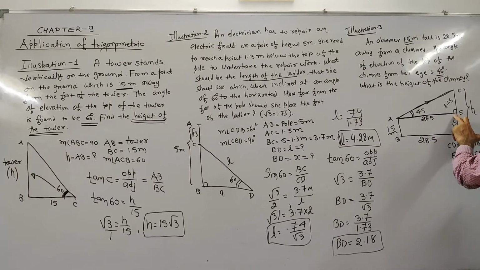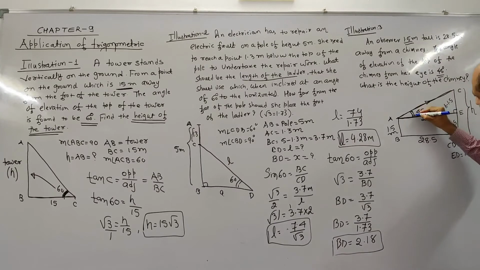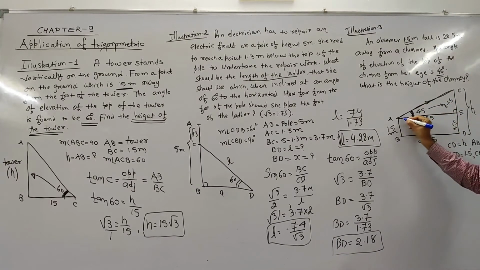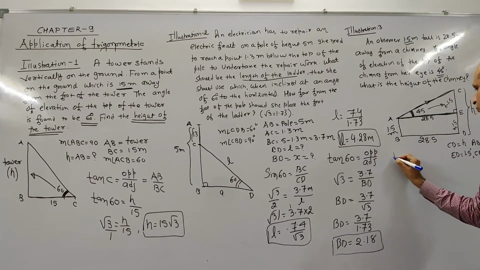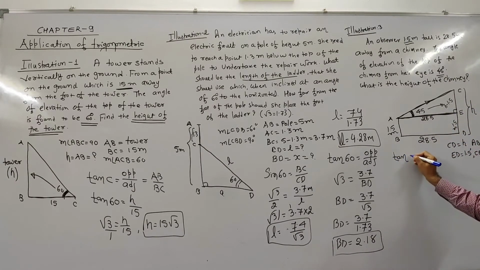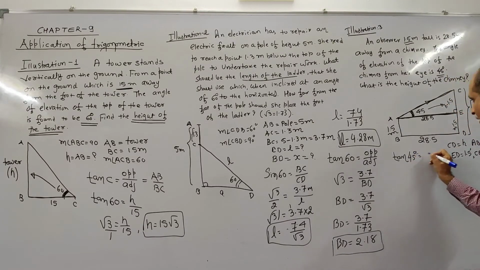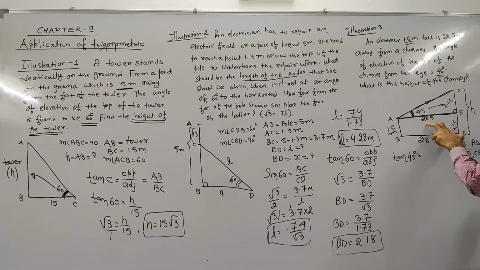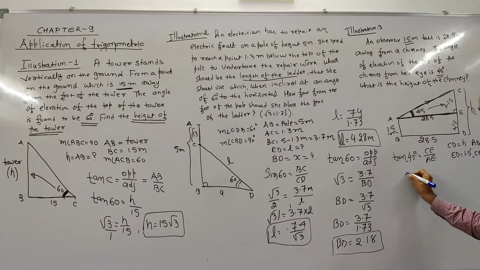Now this angle is 90 degree. Here you have to use this angle. So here 45 is given. This is the opposite side and this is the adjacent side. So with opposite and adjacent, what can you use? Tan 45 degree. Tan means opposite upon adjacent. Opposite means CE and adjacent means AE. The value of tan 45 is 1.